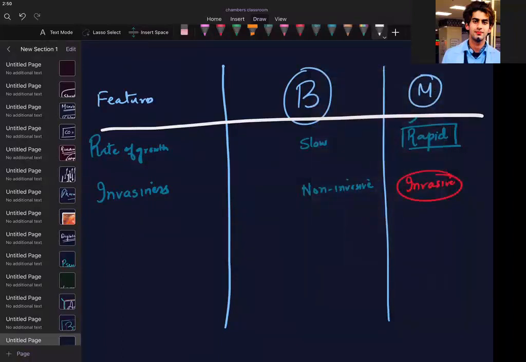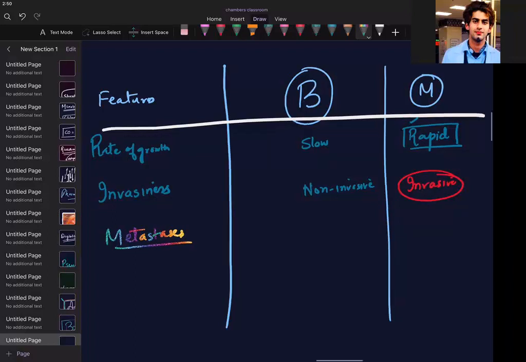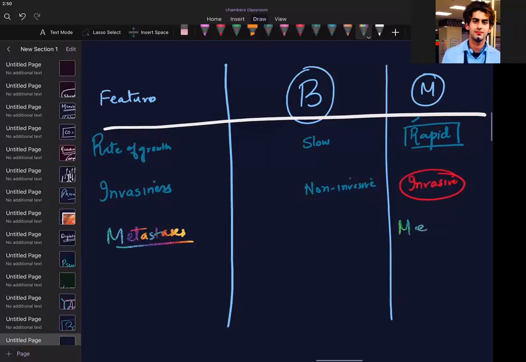What about the metastasis? About the metastasis, guys, which will show more metastasis? It's metastatic. Very nice. So this will be metastatic. This I should clearly write non-metastatic.